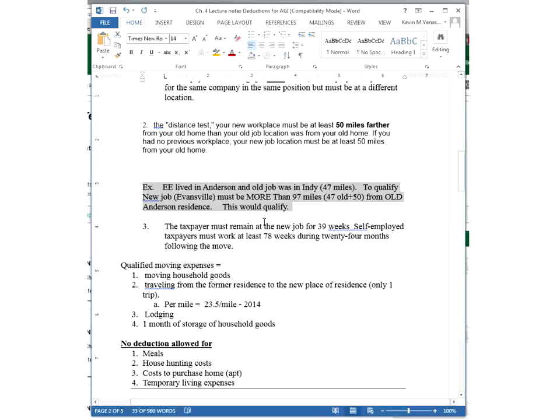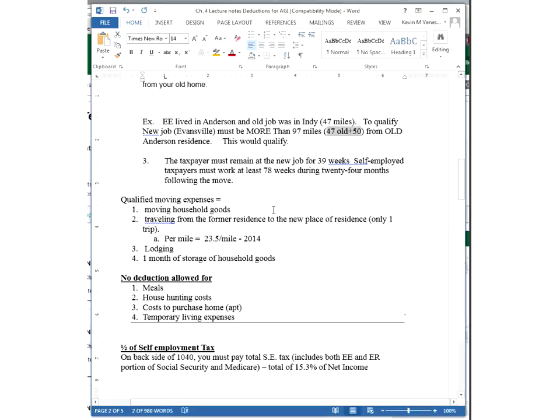So again, I think this should help explain what I'm talking about to make it the most concise. Anderson to Indy would only be 40 to 50 miles. Anderson to Evansville would be more in the range of 150 miles, 200 miles, so definitely more than the 47 plus 50, which is what the rule requires. Old distance plus 50 more.